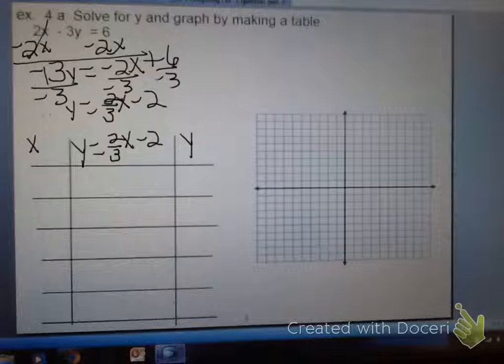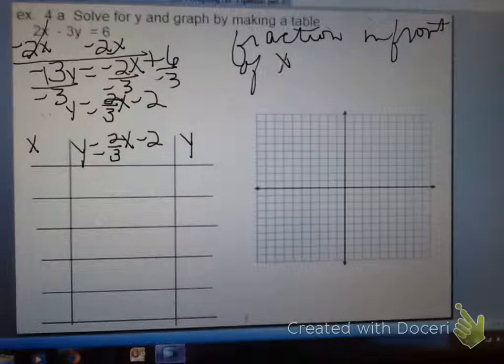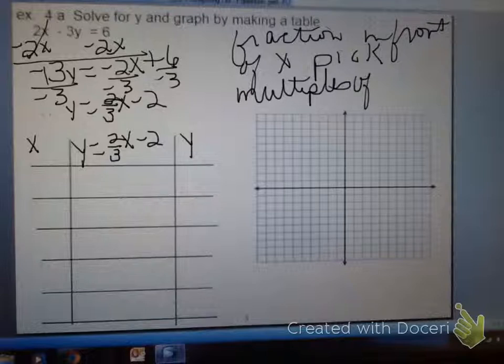So now what I'm going to do, I'm not going to pick negative 2, negative 1, 0, 1, 2, because anytime you have a fraction in front of x, the coefficient of x is a fraction, pick multiples of the denominator.